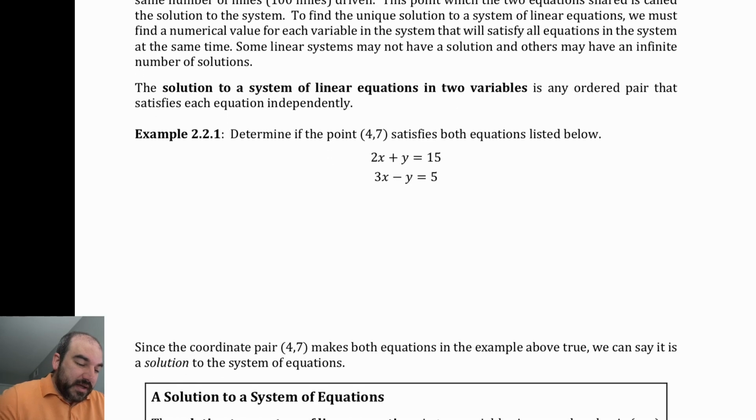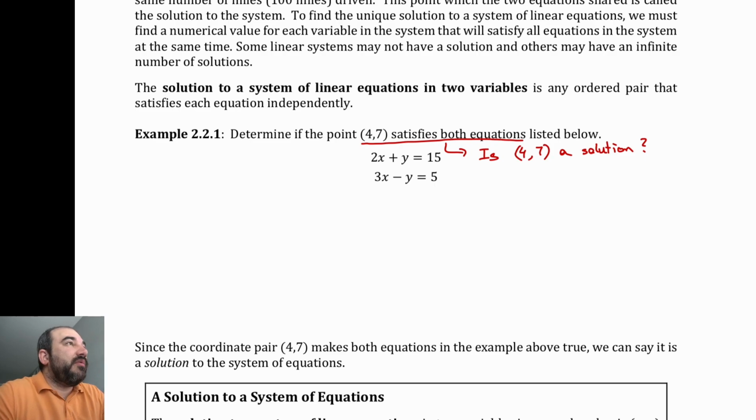Usually we begin these sections by checking whether the given point satisfies both equations. That's asking the same question as: is (4, 7) a solution to the system of equations?